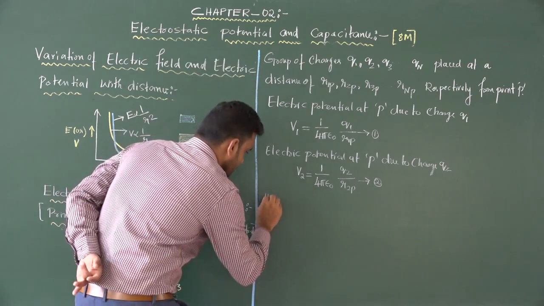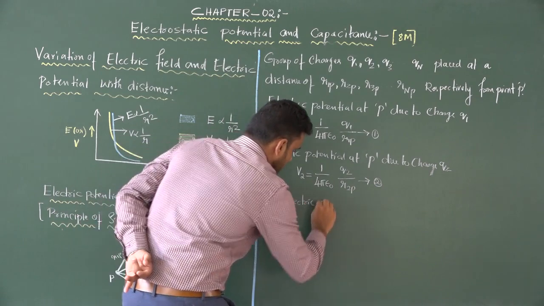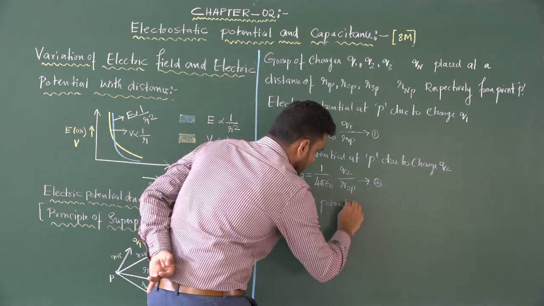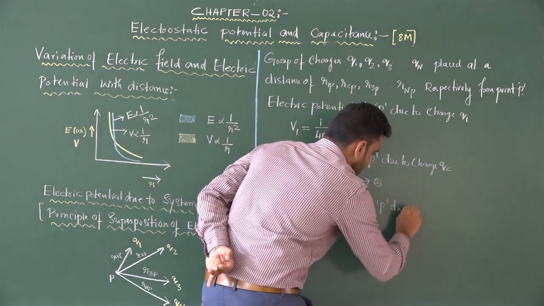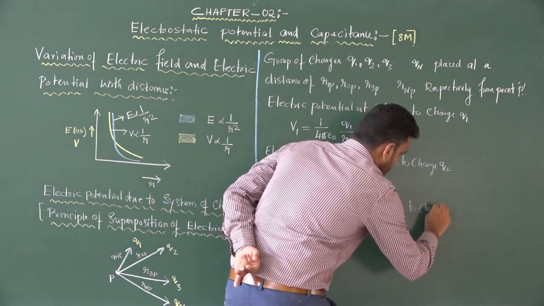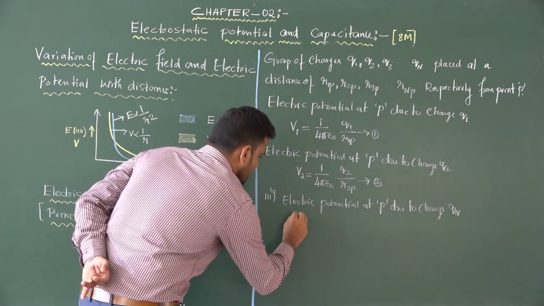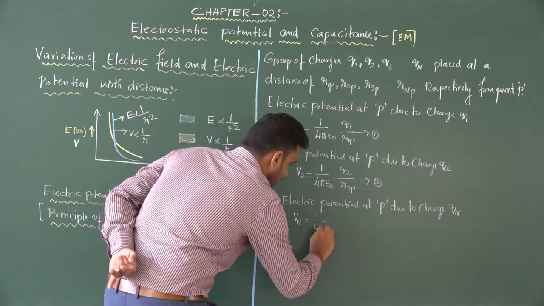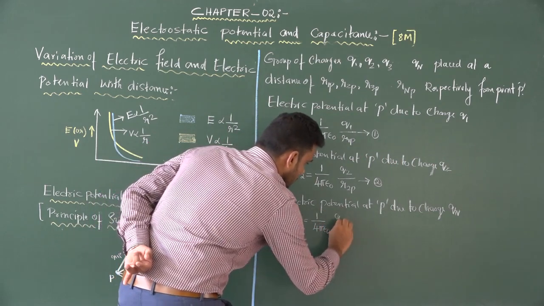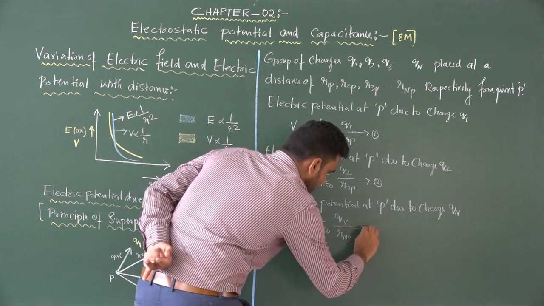Similarly, electric potential at point P due to charge Qn is Vn, 1 over 4 pi epsilon naught, Qn divided by Rnp.